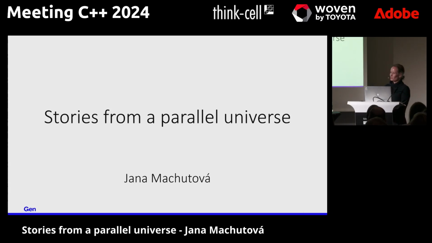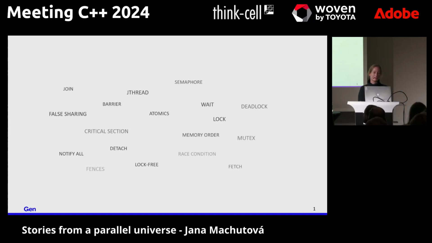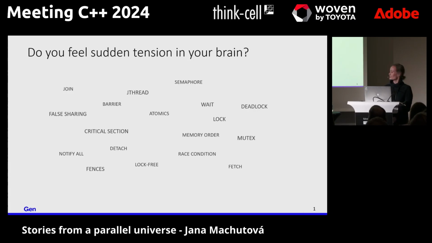So what came to my mind when we talk about parallel and concurrency are all those dangerous words. And yeah, it's kind of a shame because C++ itself is quite a complicated language. It's quite complicated to learn, and when you want to work in a multi-threaded environment, when you want to make a multi-threaded application, you need to learn something extra on top of it.